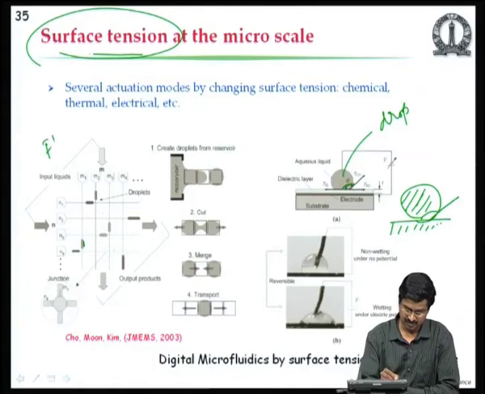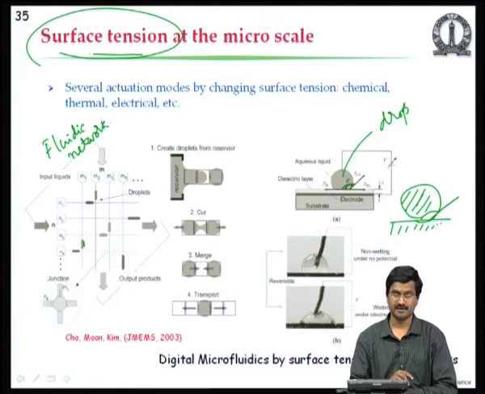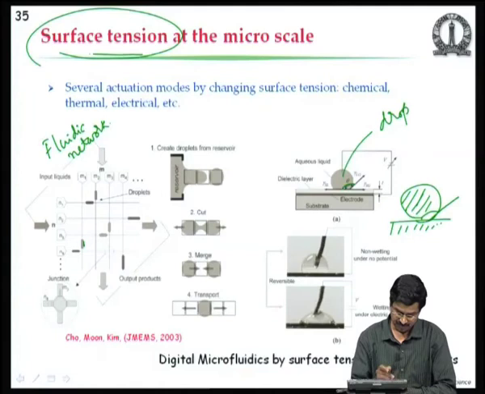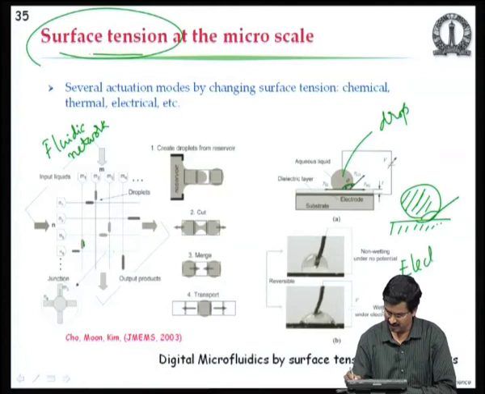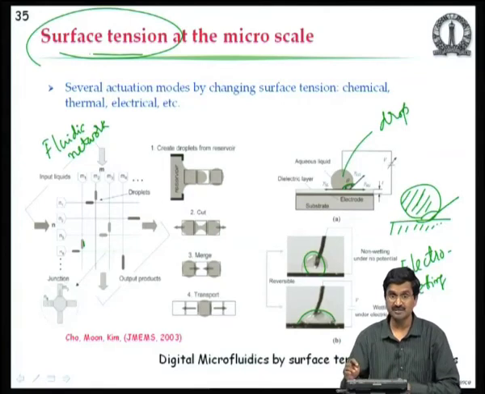This is the fluidic network. In this fluidic network, we see that the drops can be moved by just varying surface tension by applying an electric field. This is called electro wetting. So, if I take a drop sitting on a substrate and apply electric field, I can change the contact angle. What is like a mercury drop here becomes flatter, that means it has flowed.